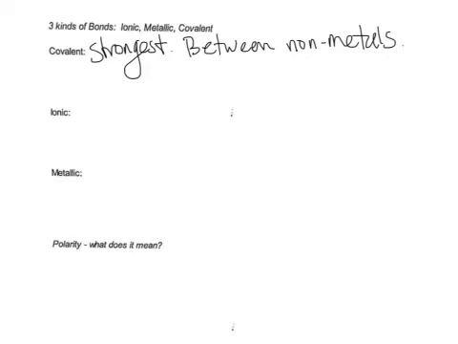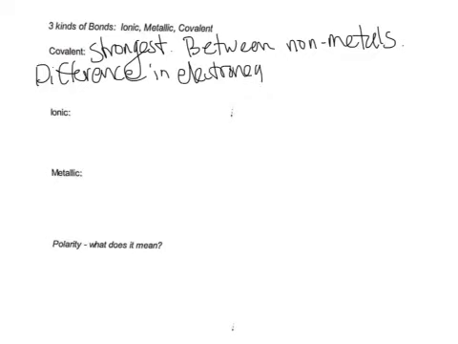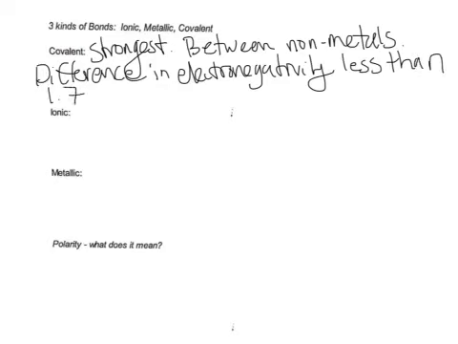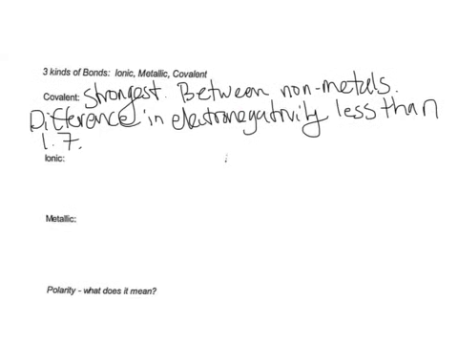We can be more specific and say that they happen when the difference in electronegativity, and I'll talk about this more, is less than 1.7. Electronegativity is the pull of an atom on an electron.